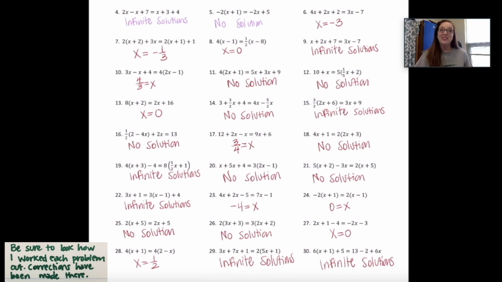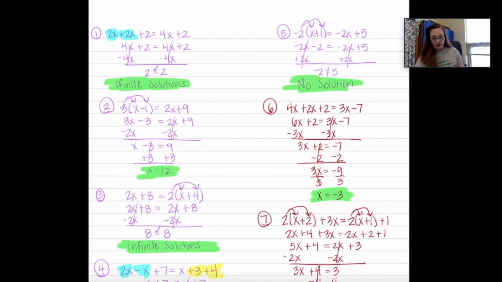Okay, so you need to check over your answers for problem 6 through 30. So on this page I wrote down my final answer. So make sure that you've written your final answer on this page, and then I've shown my work on other pages. So if you need to pause this video so you can get that down, I'll show you my work.